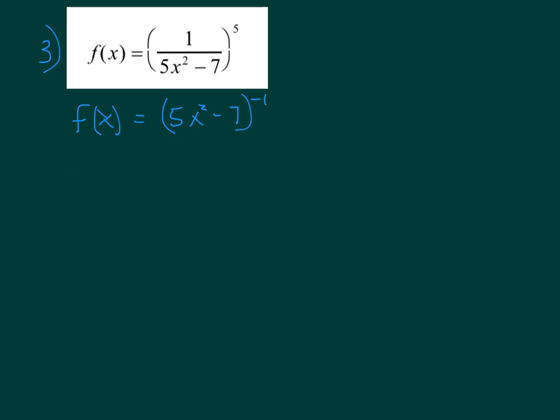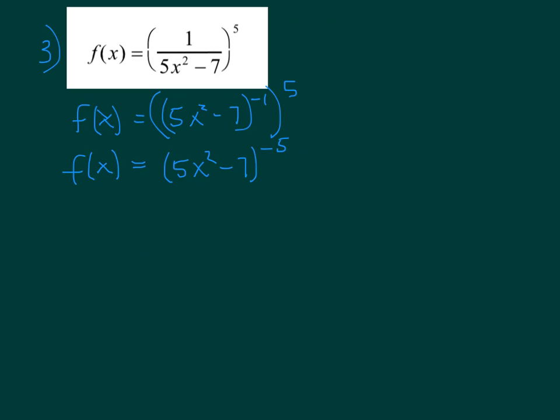And then that is all to the 5th. Okay, so if I rewrite it like that, then f of x, notice I'm not doing the derivative at all yet, I'm still cleaning it up, is 5x squared minus 7 to the negative 1 times 5 is negative 5.